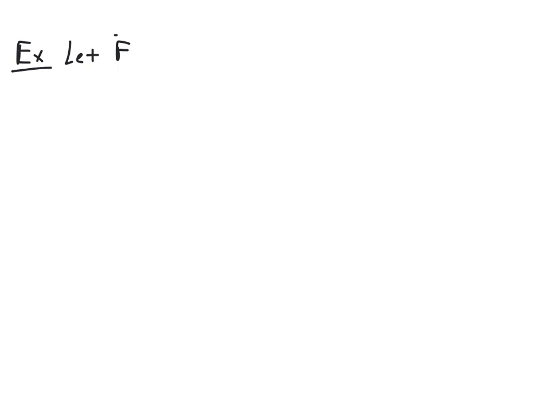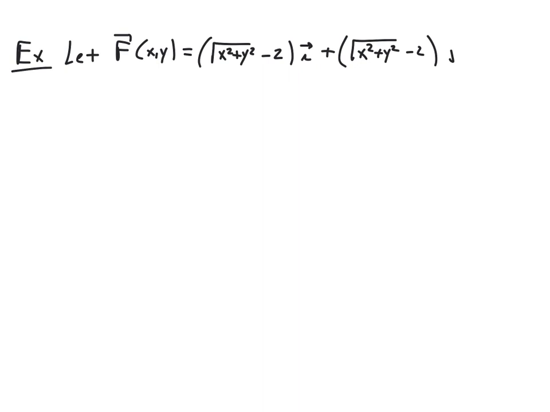So here, let's say we're given a vector field, F of x, y, and it's going to equal the square root of x squared plus y squared minus 2 times i plus the square root of x squared plus y squared minus 2 times j. Right, so in this case, both of the component functions, P and Q, are exactly the same. And we're going to let C be the circle x squared plus y squared equals 4.